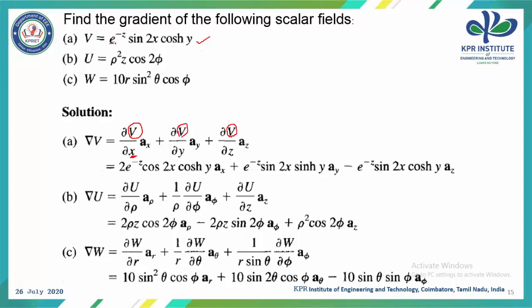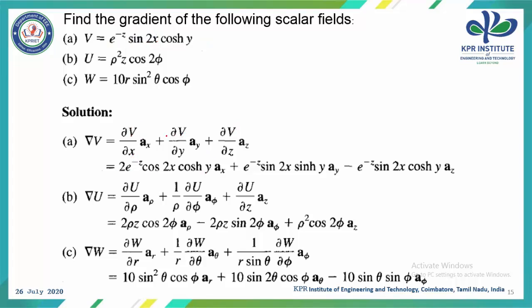So this e to the power minus z term and the cosh y term you can take out. What is this value? sin 2x. What is the differentiation of sin 2x? It is cos 2x. For this 2x you are going to get 2. Therefore 2 cos 2x. That is the differentiation for this term.